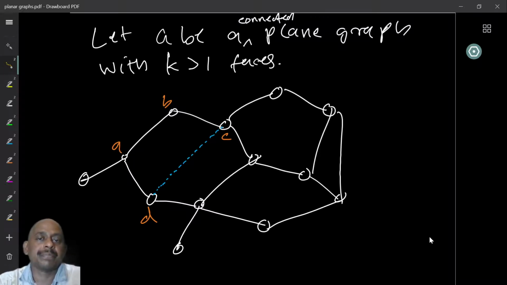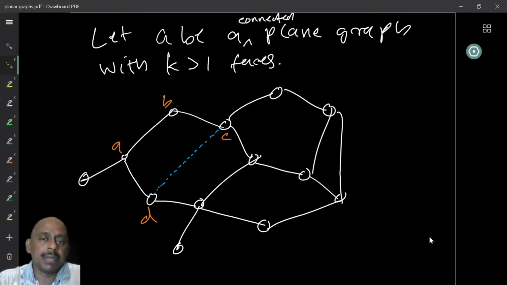Now let us take any graph with more than k faces, k plus 1 faces, and then we will use the induction. So how do you do that?